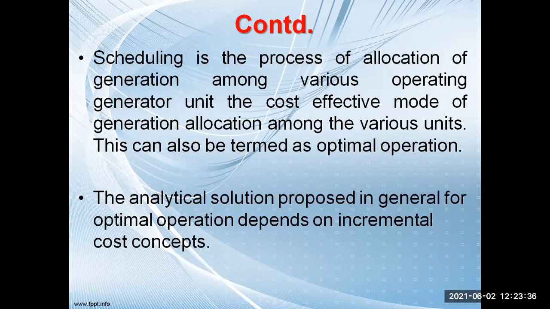So we'll try to understand what is incremental cost. In optimal operation, which component of the whole system do we try to minimize? Our objective is to minimize what? Cost. So the cost of operation we are trying to minimize.